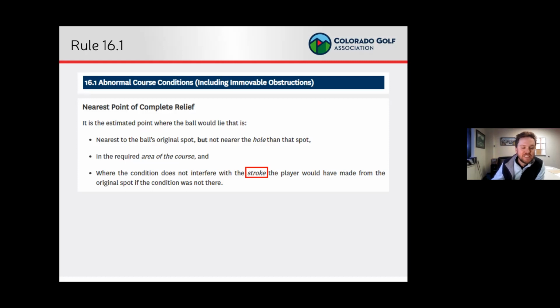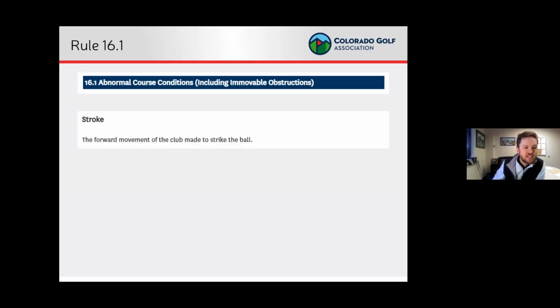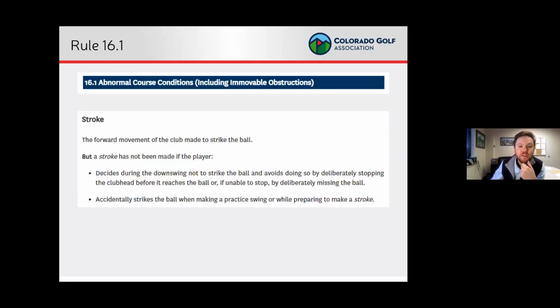And when we look at it, we see the word stroke here, and we're going to dive into that. Again, that's an italicized word. That is a definition. Let's see what stroke says. A stroke is the forward movement of the club to strike the ball. And I'm going to keep reading it just to show you the fullness of what this rule is talking about.